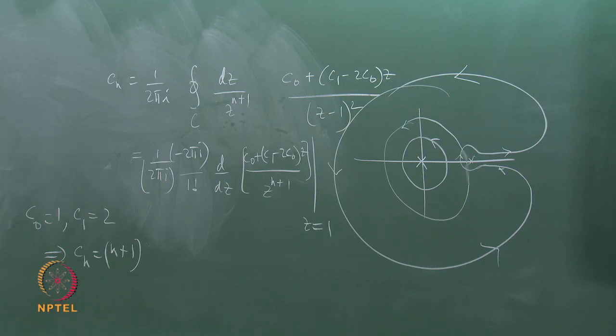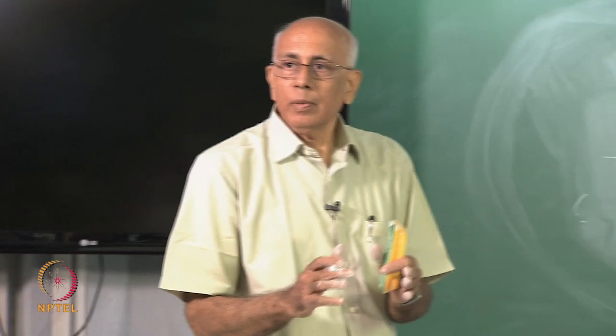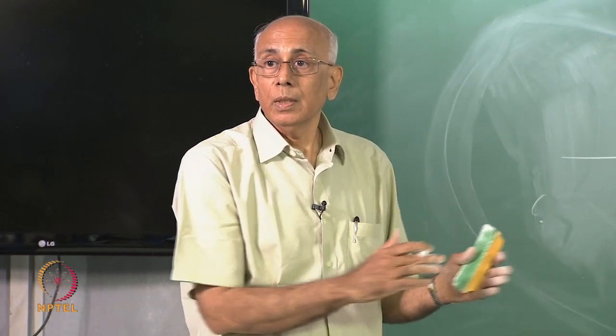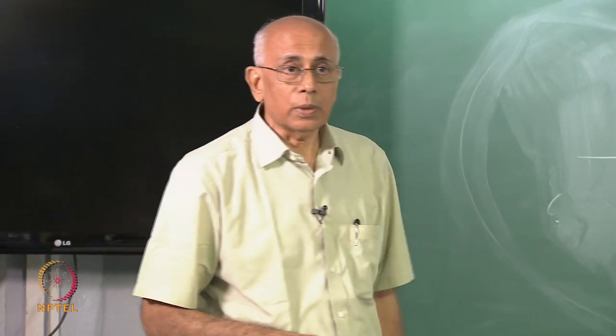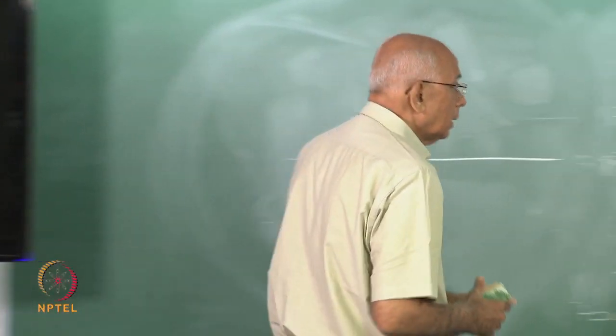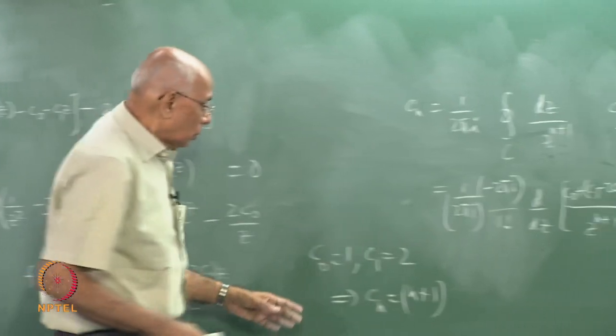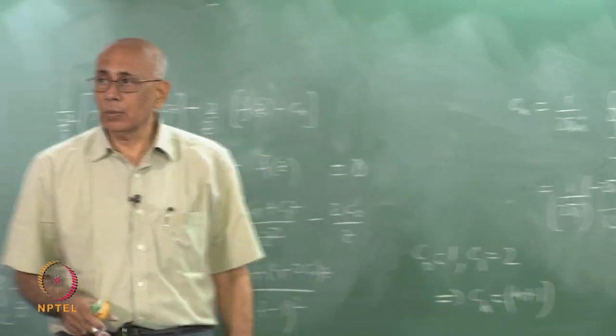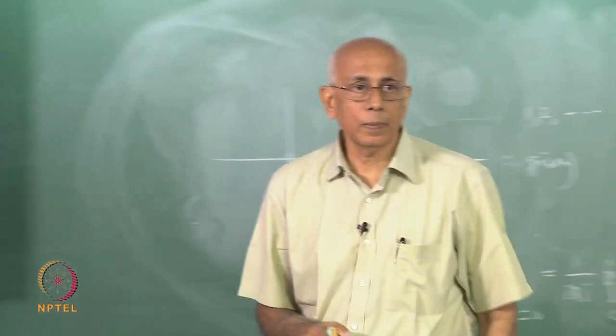And of course n plus 1 is the arithmetic average of n on one side and n plus 2 on the other. But you can evaluate this for arbitrary values of C0 and C1 in this case.